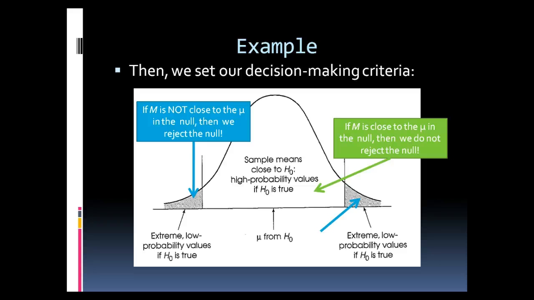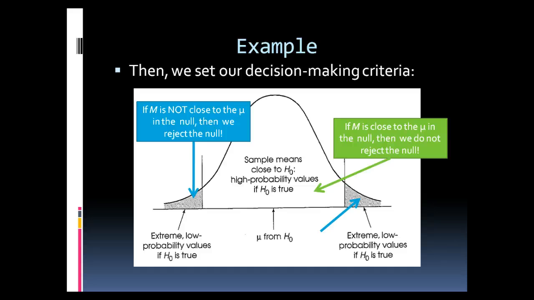If our sample mean is near the population mean mu, then we're not going to reject the null. We're going to say, yep, there really is no effect of blueberries. Or if our sample mean is not close to the mu, then we reject the null. So if it's in the extreme low probability values, then we have evidence to reject the null.